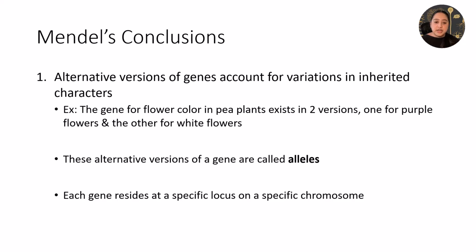So each gene that codes for something to be expressed, like flower color, either purple or white, resides at a specific locus, or location, on a specific chromosome. That was his first conclusion: there are different versions of genes that account for variations, like purple or white flower color, that can be inherited.